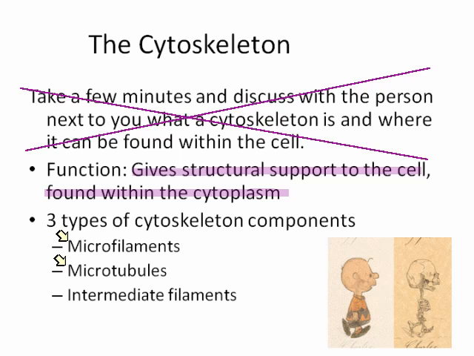We have microfilaments, microtubules, and intermediate filaments. Of these, the ones that are of most importance to us are the intermediate filaments. And they're going to become more critical to us in the short term because of our look at tissues.